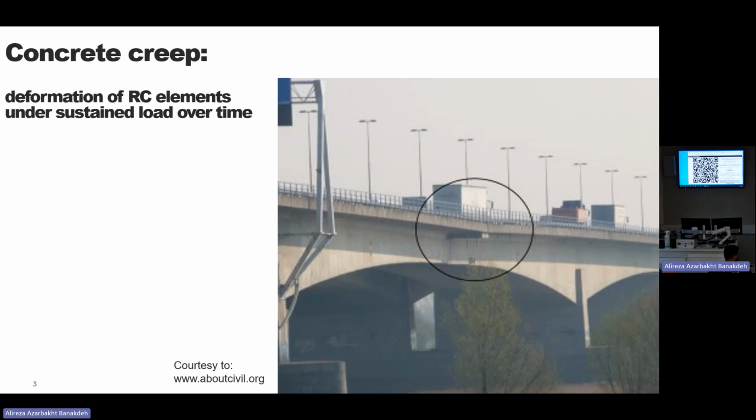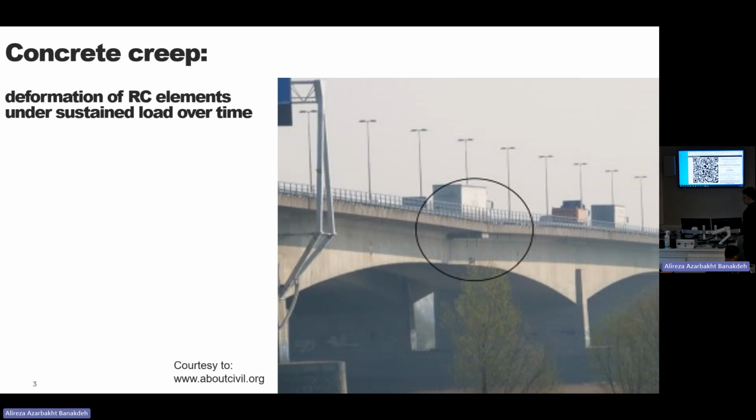There are some, but as you know, the code, including Eurocode, aims to simplify everything for us, to provide some simplification versions to be able to calculate the deformations and provide you with some thresholds. Okay, if the deformation is less than this threshold, you're fine. If it's not, you're not fine. So this is what the Eurocode does for us, right?